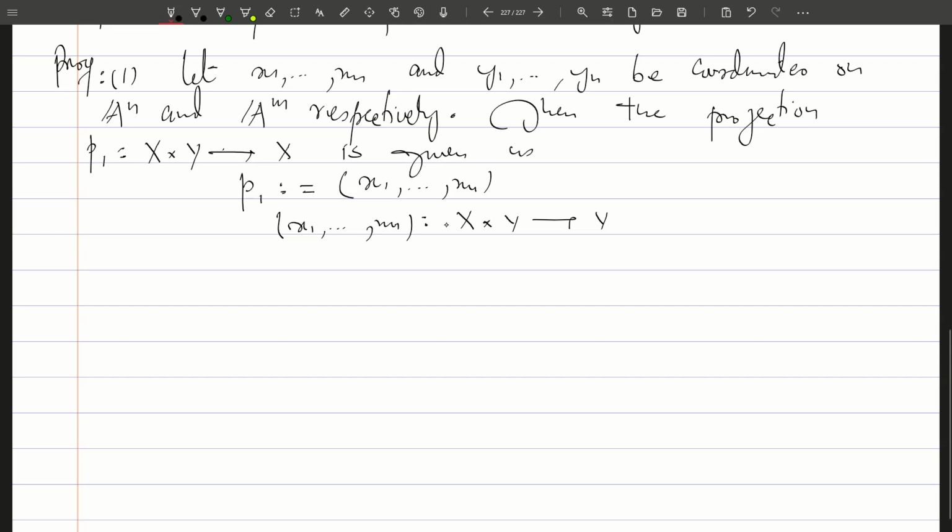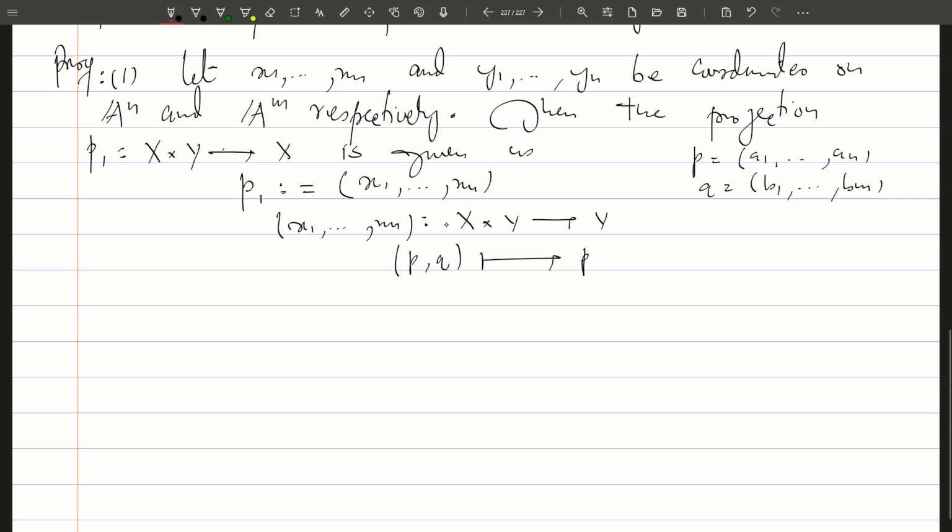I mean, which takes a point (p, q) to p, where suppose p is equal to (a1 up to an) and q is (b1 up to bm).